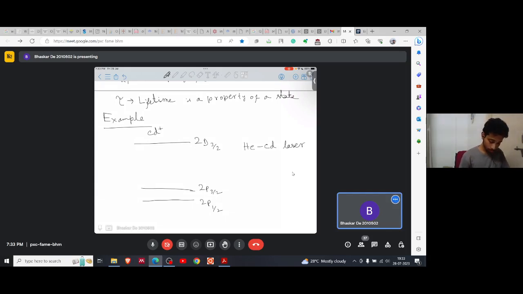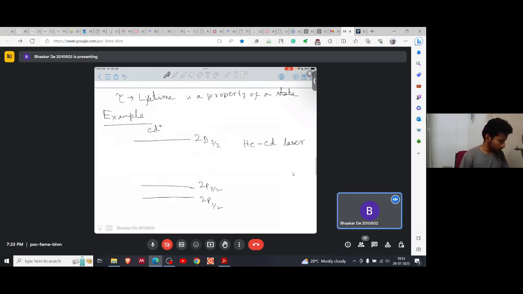Okay, now here this is a transition and this is another transition. So for this transition, I'll just write lambda equal to 353.6 nanometer, and this one has A equal to 1.6 into 10 to the power 5 per second.